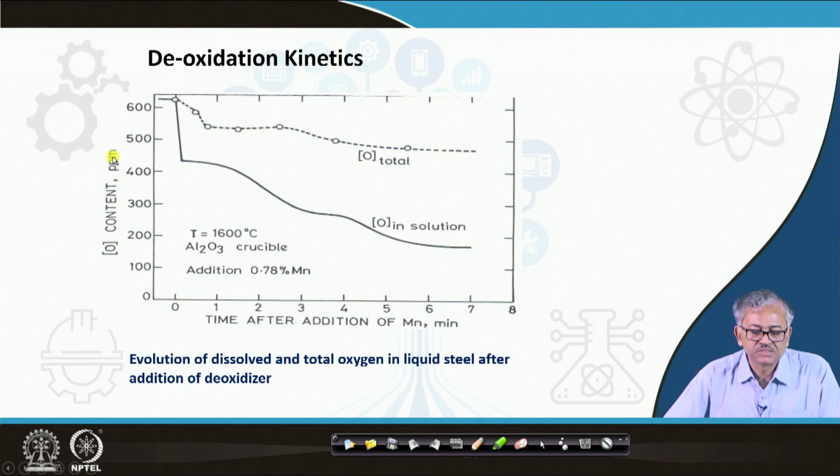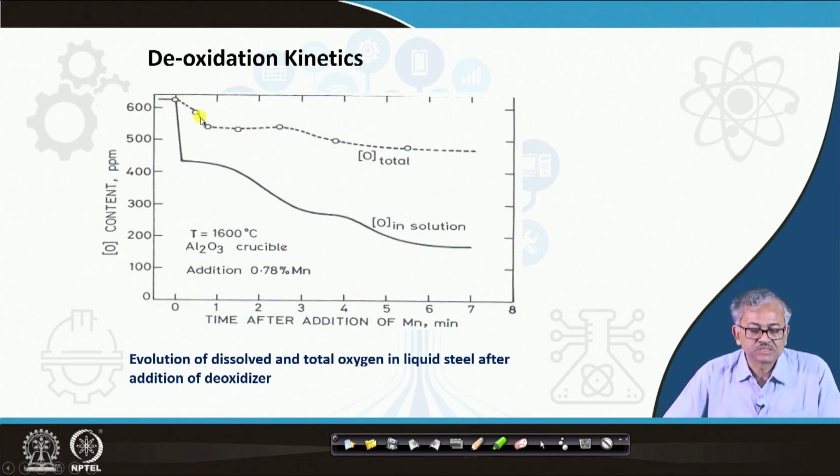Using that probe you can measure the dissolved oxygen, and total oxygen you can measure by chemical analysis. You can see here the dissolved oxygen goes down very fast, within 7 minutes from more than 600 to 200 ppm. But the total oxygen is not dropping that much.